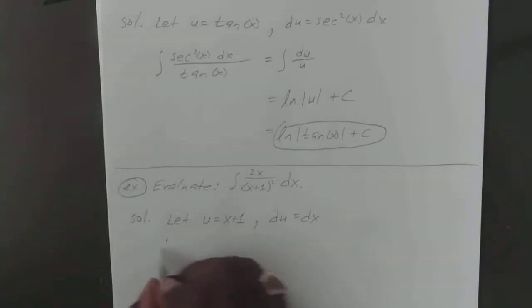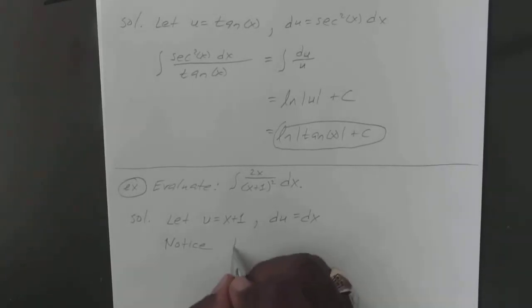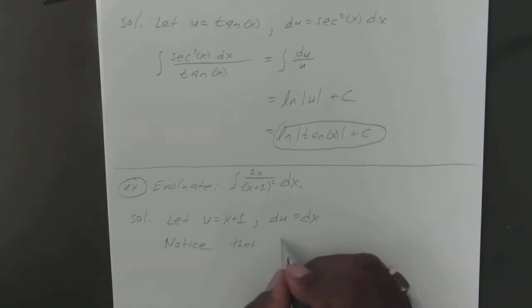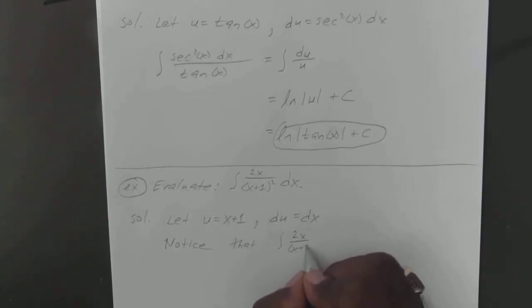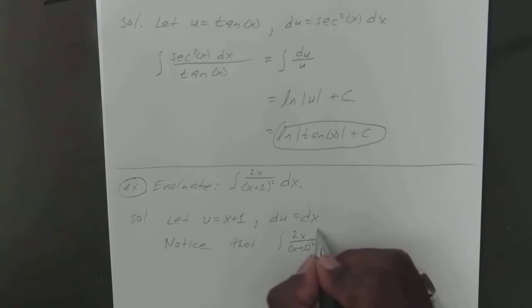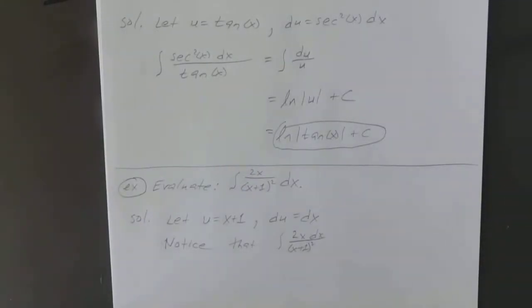Okay, so notice that the integral of 2x over x plus 1 squared, or 2x dx, doesn't work here. Mainly because you have no x dx here. And when you run across that, you can kind of tweak the problem a little bit.